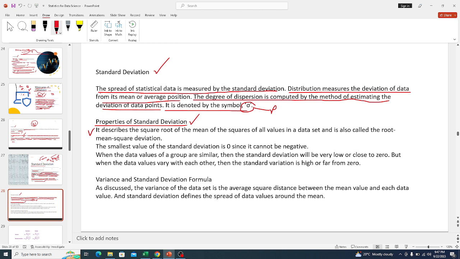Standard deviation describes the square root of the mean of the squares of all the values in the data set, and it is also known as the root mean square deviation, that is RMS.